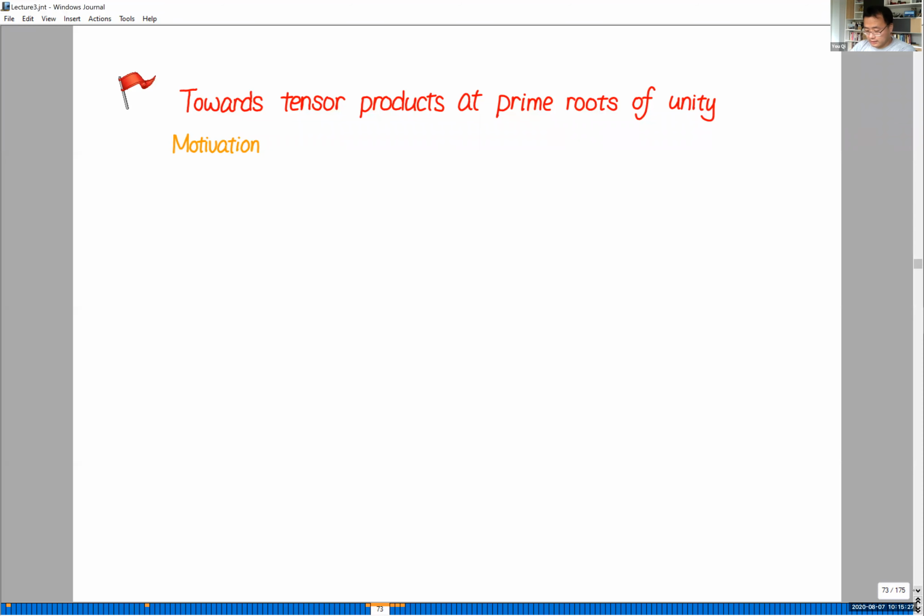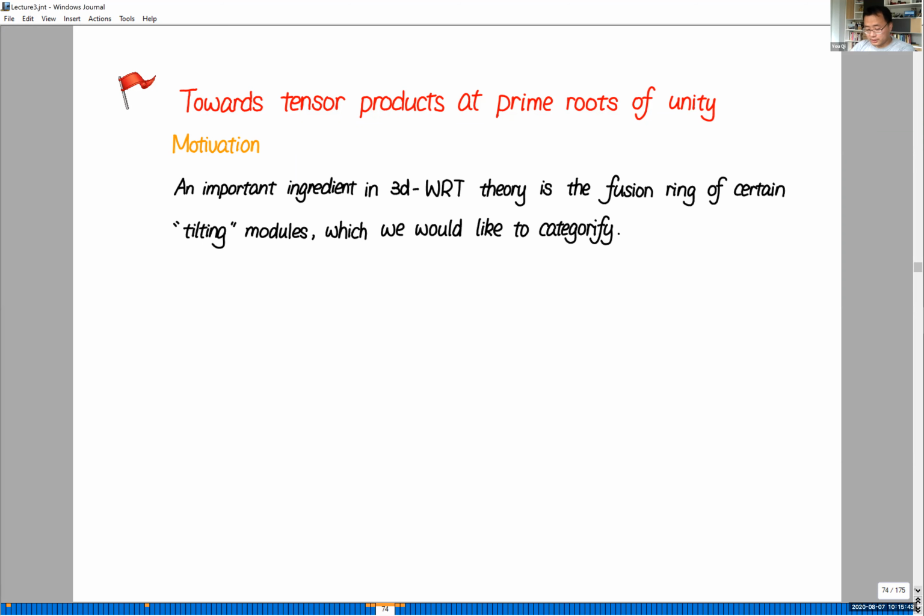As motivation, we'll go back to the original dream of Crane and Frenkel, that is to lift the combinatorially defined 3D Witten-Reshetikhin-Turaev TQFT to a 4D TQFT. An important ingredient in this 3D topological quantum field theory is the fusion ring of certain tilting modules.